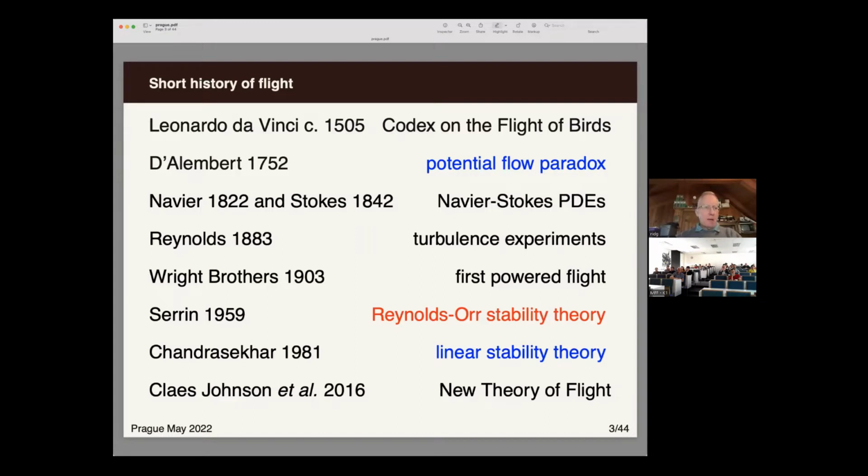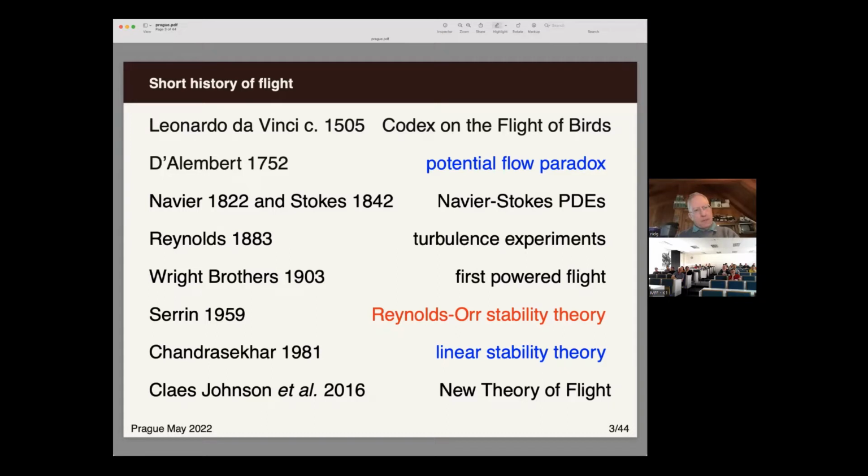In the mathematical theory, a major waypoint was the work of Serrin in the late 1950s, where he rediscovered or described what he called the Reynolds-Orr stability theory. And we'll think of it as a two-edged sword, so we'll think of it as an instability theory.